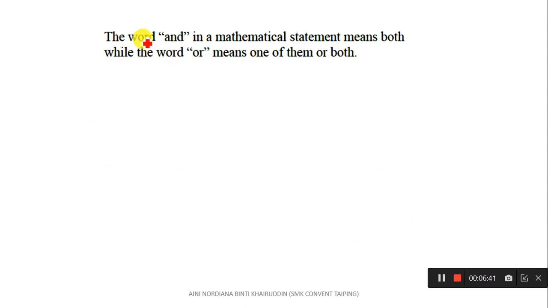Okay, the word "and" in a mathematical statement means both. Remember this: the word "and" means both, while the word "or" means one of them or both.